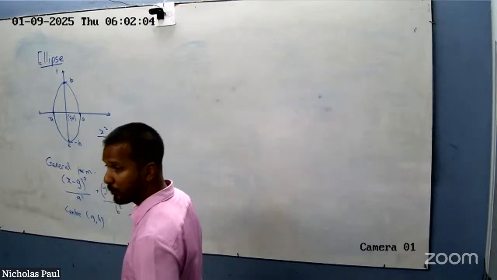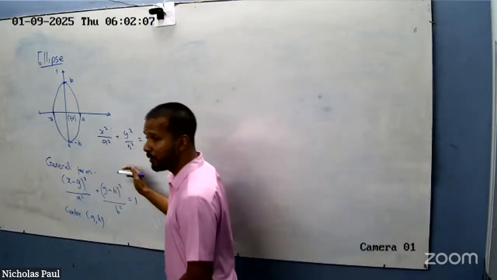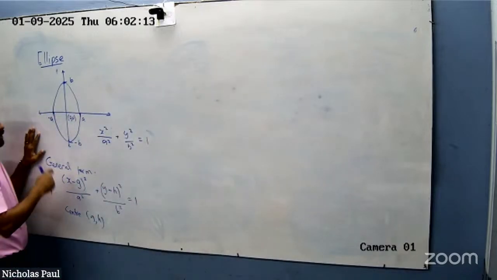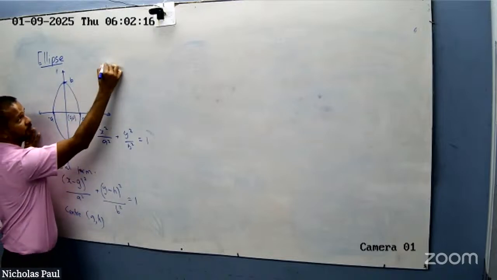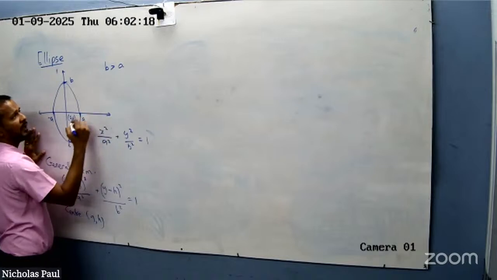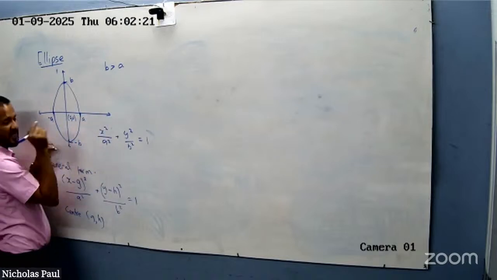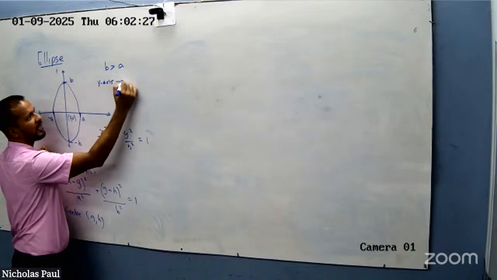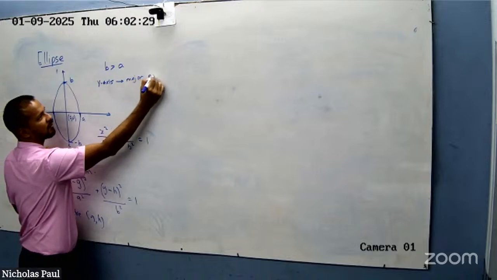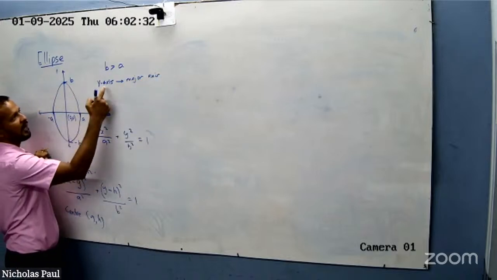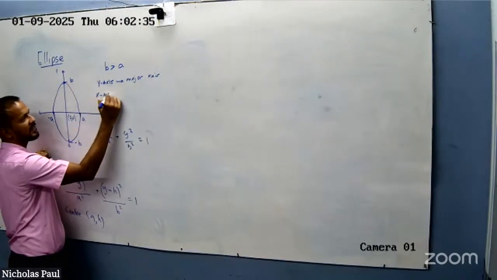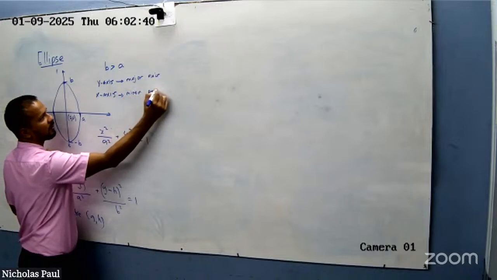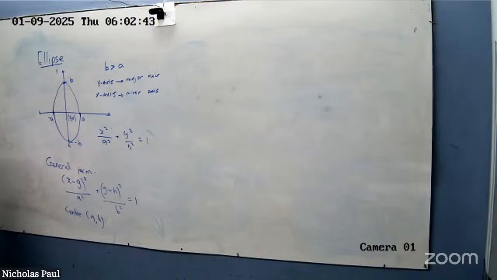So this is an ellipse. In this version of the ellipse, you'll recognize that the value b is bigger than a. And if the value b is bigger than a, then in this version we call the y-axis the major axis of the ellipse. And because a is smaller, we call the x-axis the minor axis. So we have a major and a minor axis here.